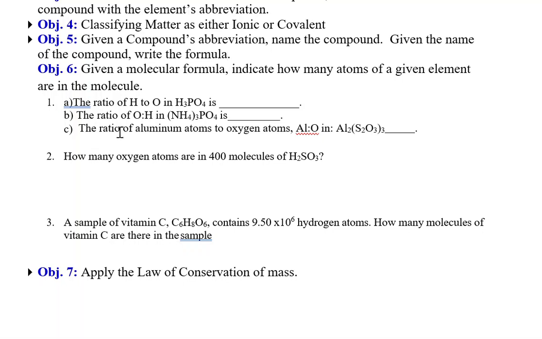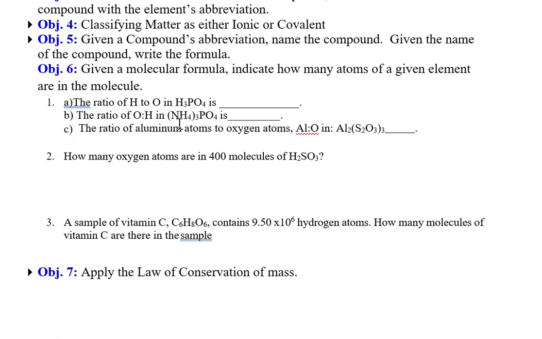If I want to know what the ratio of oxygen to hydrogen is in this compound, now this one's a little bit weird. We write the formulas, the names of these compounds, kind of like we do algebra. What this means is that I have 3 of these NH4 ions associated with this phosphate ion.